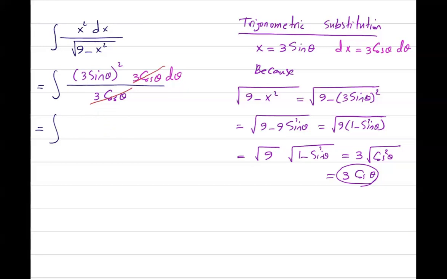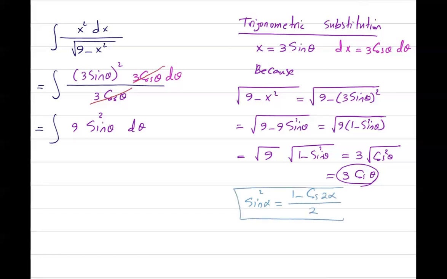9 sine squared theta d theta, that you already know how to deal with. The sine squared of theta, as you remember from pre-calculus, sine squared of alpha in general can be written as 1 minus cosine of 2 alpha divided by 2. So substitute this for sine squared.